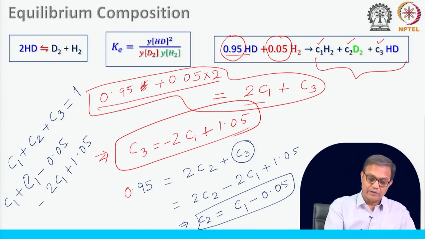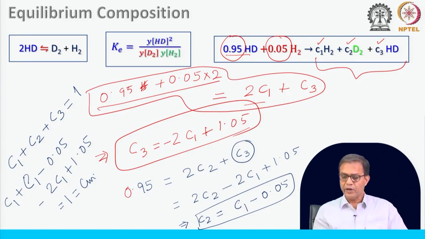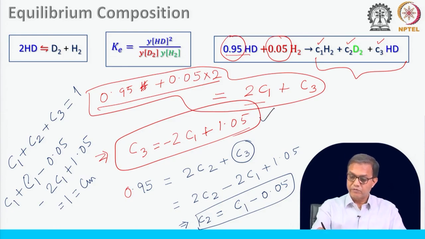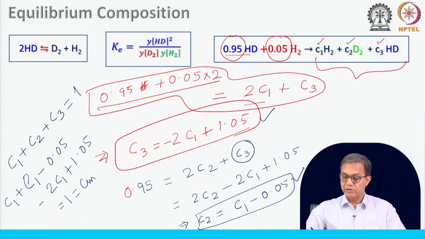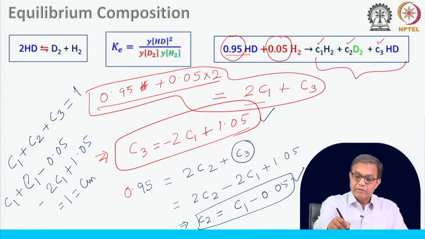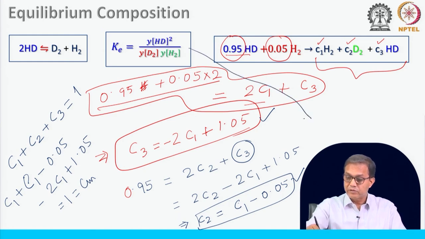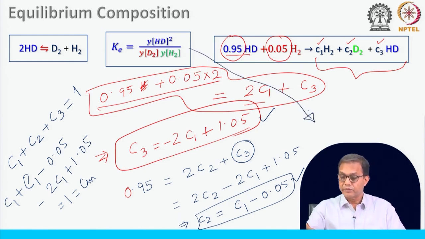Combined together you will find this is equal to 1, that is the Cm. Now, we have 3 unknowns and we have gotten 2 equations. The third equation I am yet to tell, but already I have told about this.